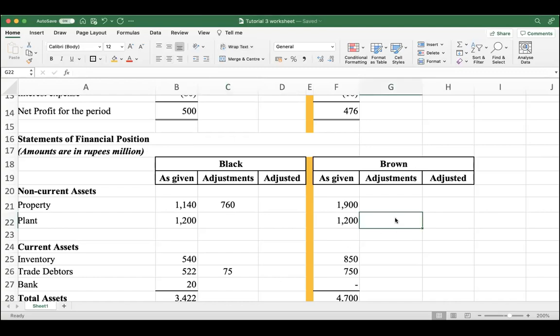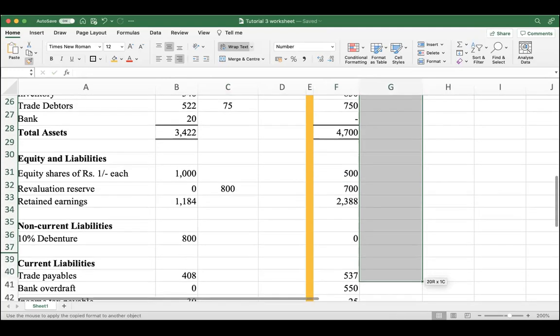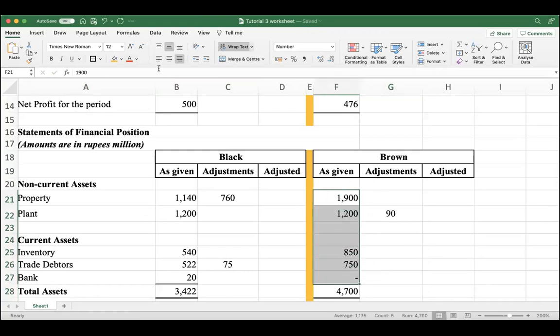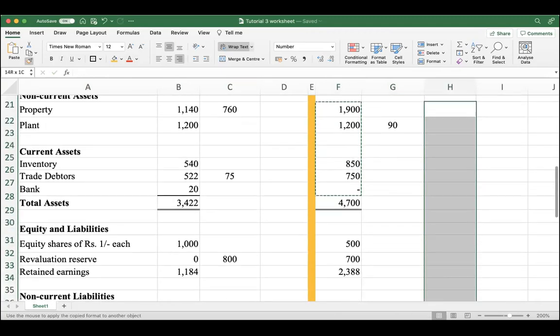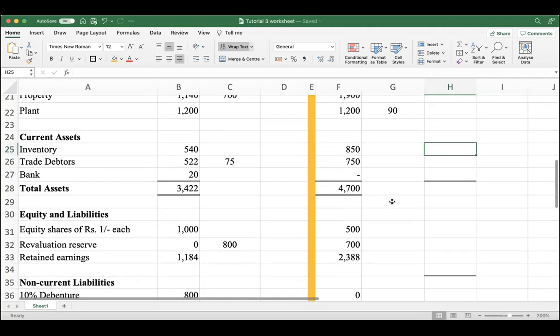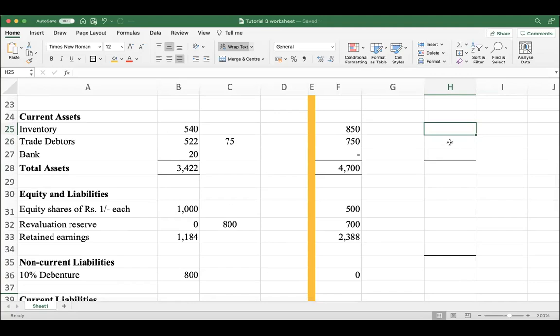So plant value increases by 90. Right. Plant value increased by 90.